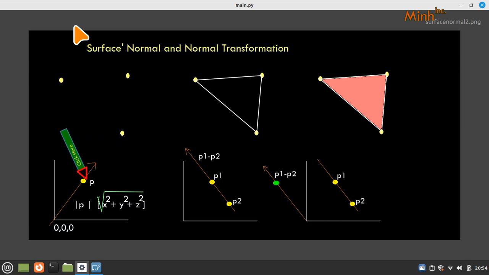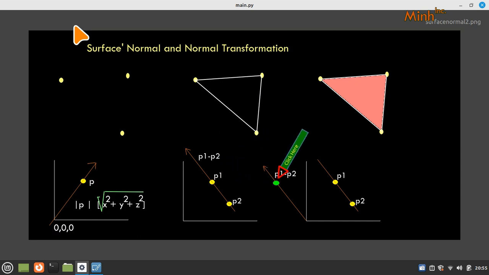So with one point we can represent a vector, or if I have 2 points P1 and P2, then the line passing through P1 and P2 gives the vector P1 minus P2. Now if I draw a line exactly parallel to this line passing through the origin, then P1 minus P2 is the new vector.